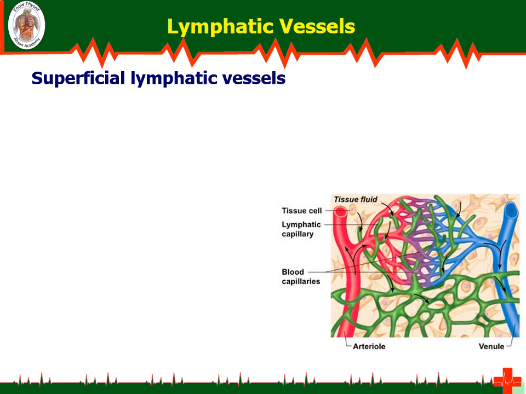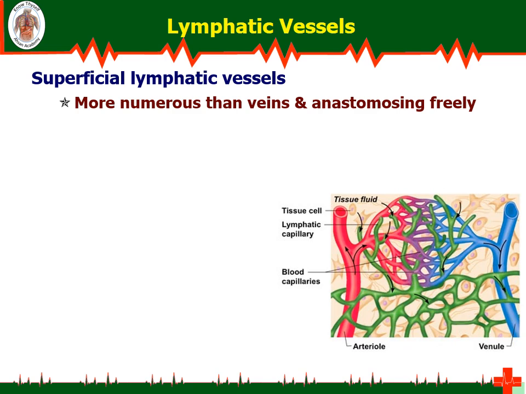Lymphatic vessels are formed by the union of the capillaries and the union of minute vessels. They gradually become larger and larger. They are distributed in superficial sets and deeper sets. The superficial sets are more numerous and make free anastomosis, and their number is more than veins.